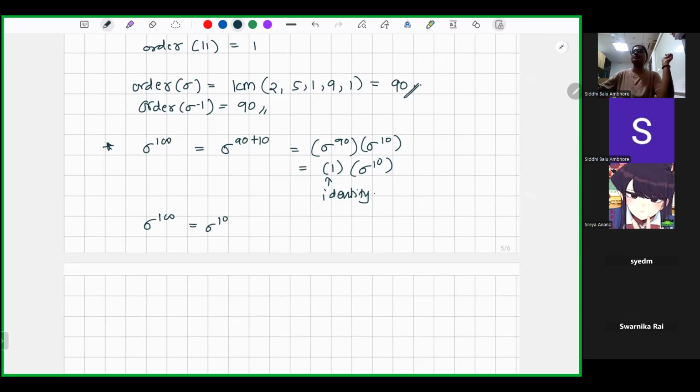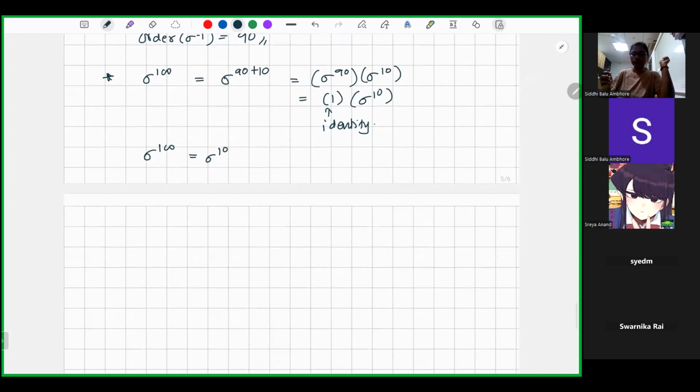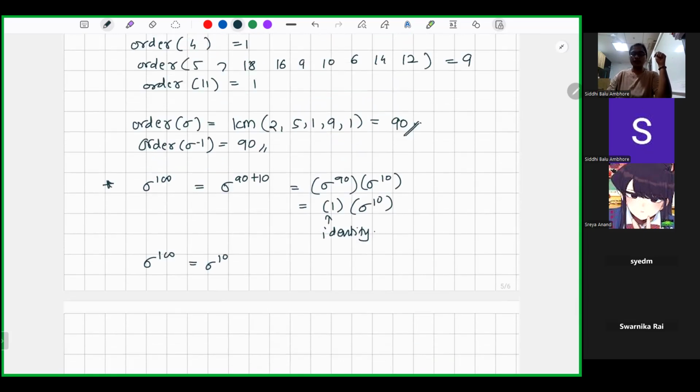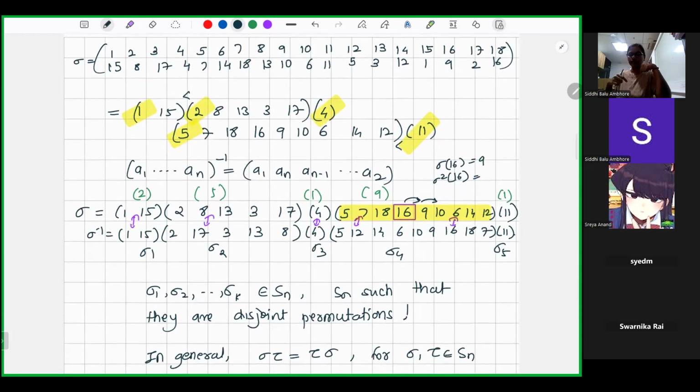So sigma power 100 is nothing but what I get when I take the product of sigma 10 times. We know the orbit of a cycle is the elements of the cycle itself. So when I multiply a particular cycle k times, I just have to check it. For example, if I'm looking at this cycle here, when I take powers, the image will be independent of what is happening to other elements.